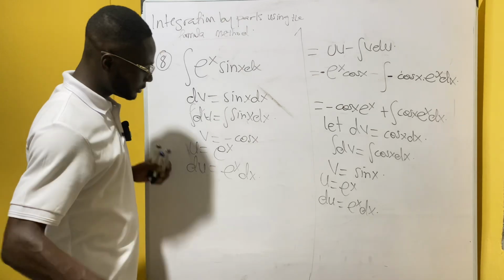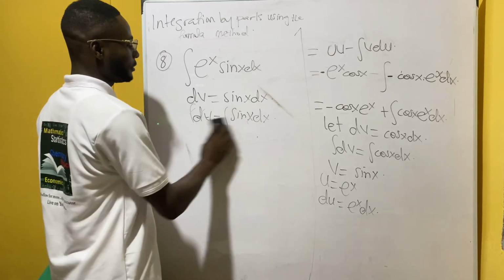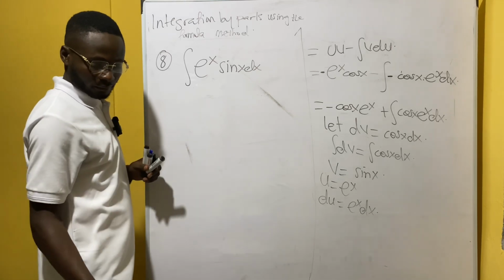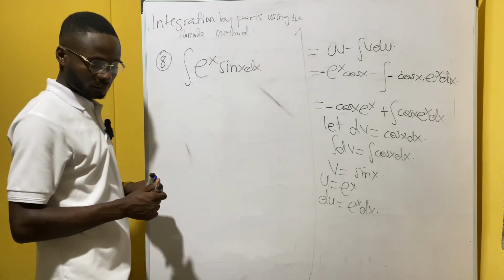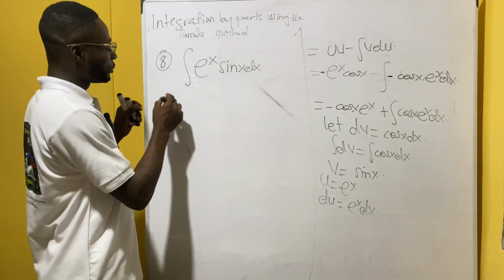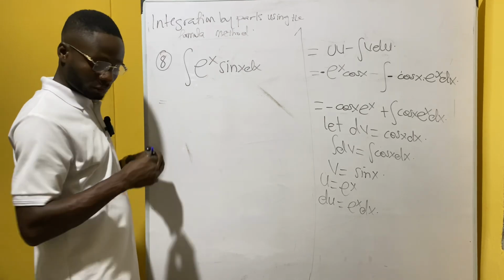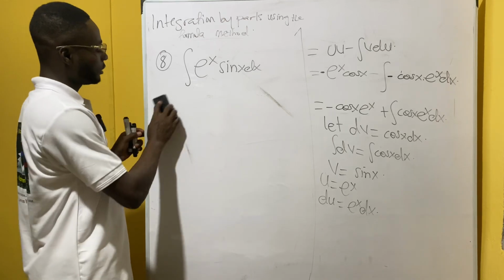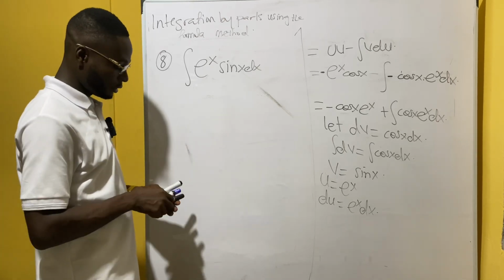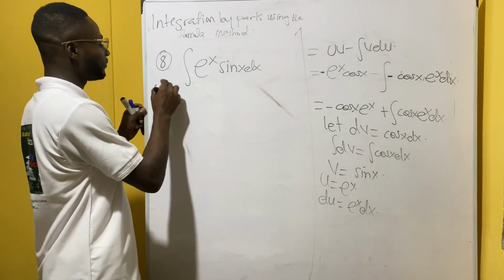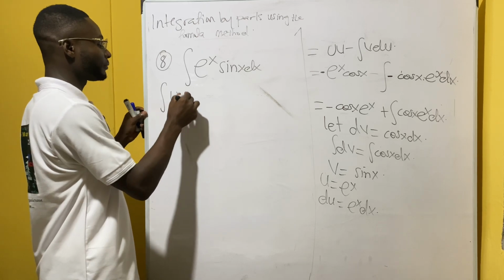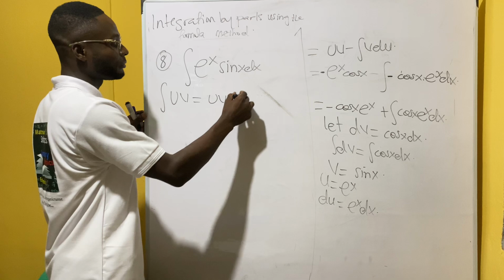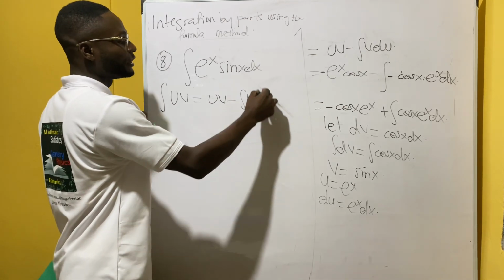When we do the substitution, don't forget that our actual formula is the integral of u dv equals uv minus integral of v du.